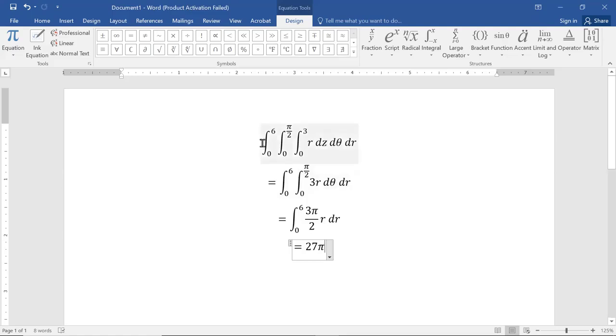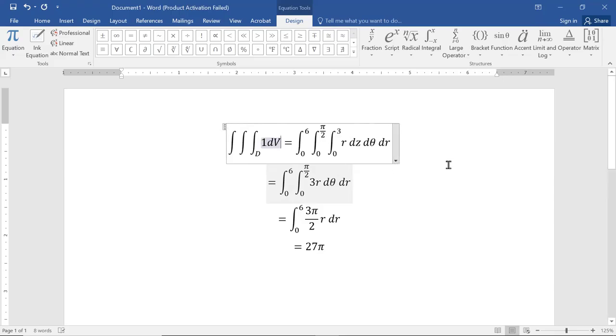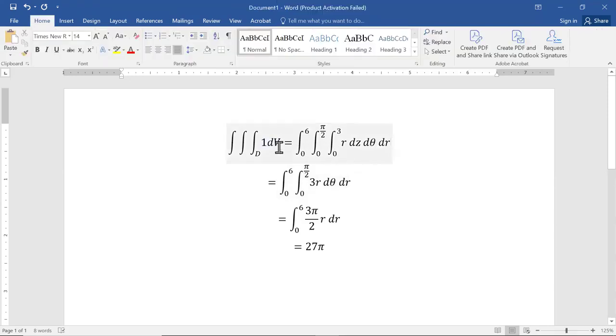Now, like I said, if you think about it, this is some sort of integration of essentially 1 dV, okay? Because when I change the 1 times dV, I get r times dz d theta dr. So this is the volume of the object described by these bounds.